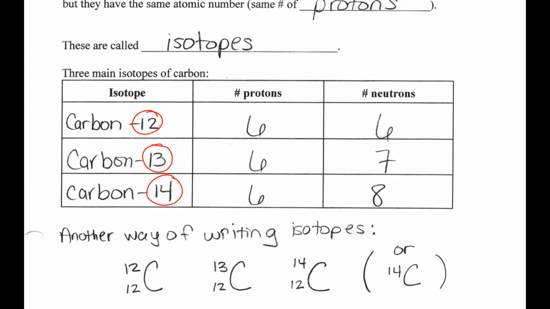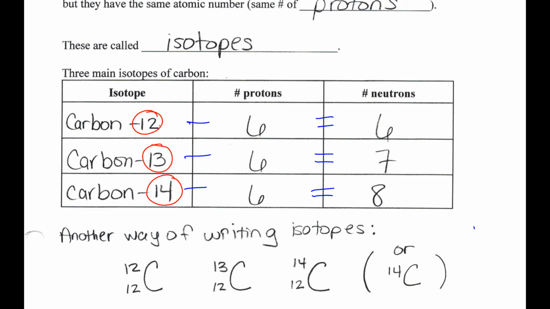The numbers that I've circled in red are the mass number. To find the number of neutrons, for carbon 12, it's 12 minus 6, which equals 6. Carbon 13, 13 minus 6, and you get 7 neutrons. And carbon 14 has a mass number of 14, and when you subtract the 6, you get 8 neutrons.